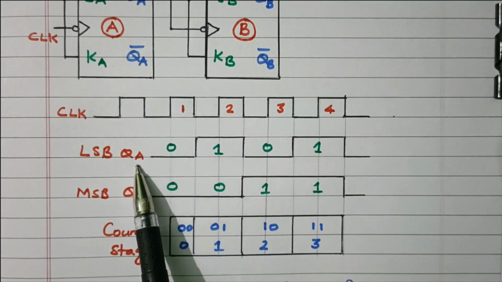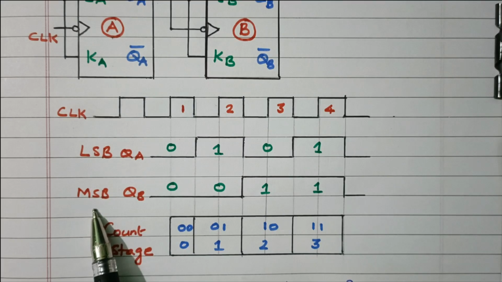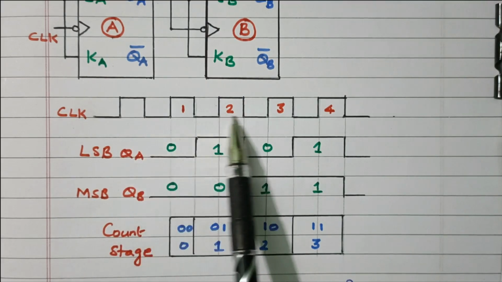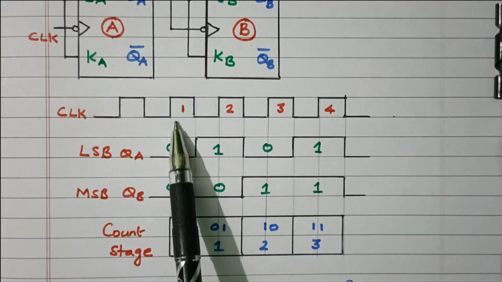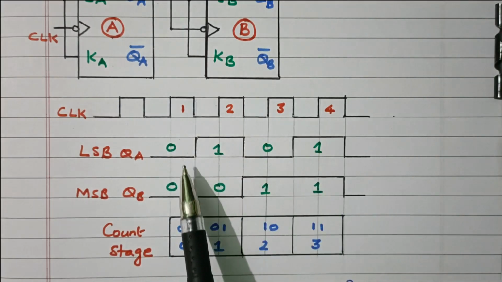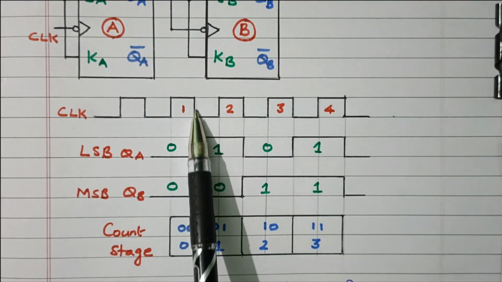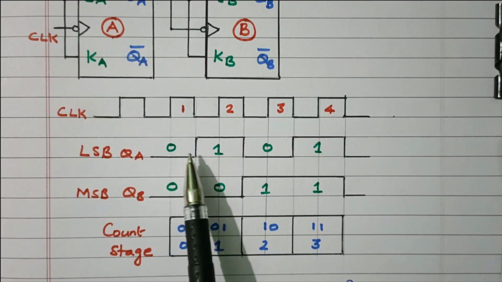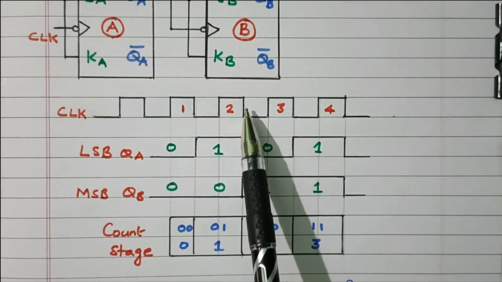So this is QA, the LSB. This is QB, the MSB, right? This QA is applied with the clock pulse. We know that the clock pulse is applied to QA, so on every clock pulse, the state will change. Initially it is 0. During the negative edge, the state changes from 0 to 1, and stays until the next triggering.